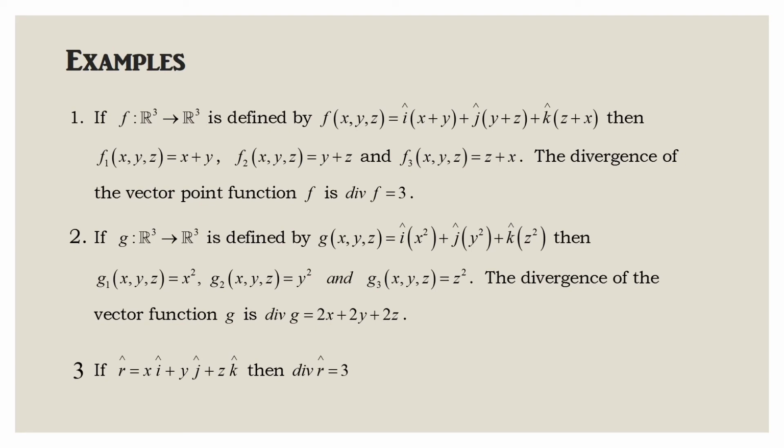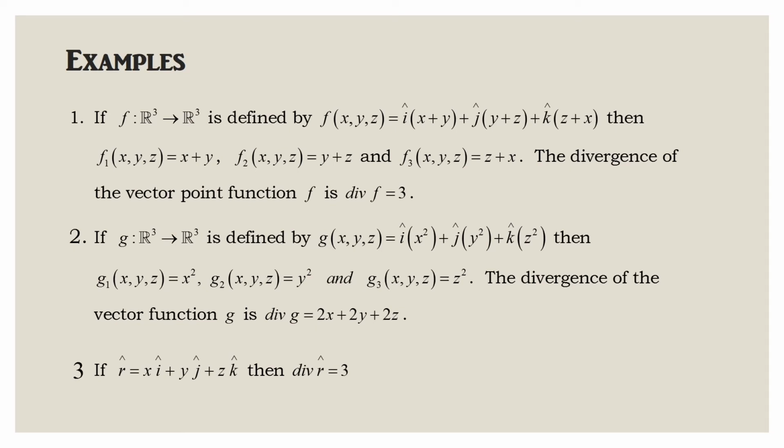The divergence of g is given by dou g1 by dou x plus dou g2 by dou y plus dou g3 by dou z. In this case, dou g1 by dou x equals 2x, dou g2 by dou y equals 2y, dou g3 by dou z equals 2z. The sum of all these three gives us the divergence of g. So div g equals 2x plus 2y plus 2z.